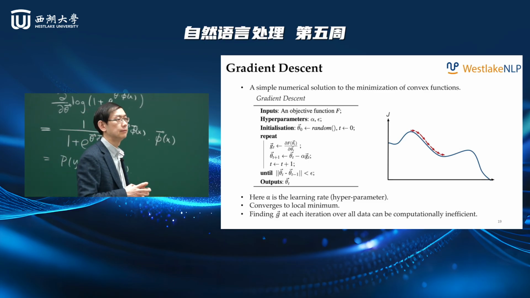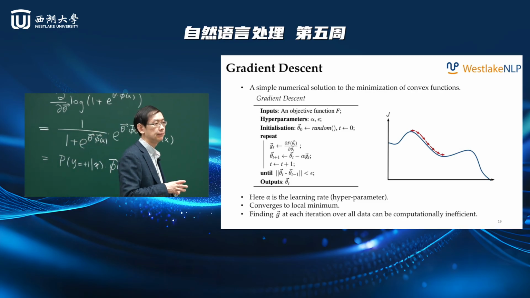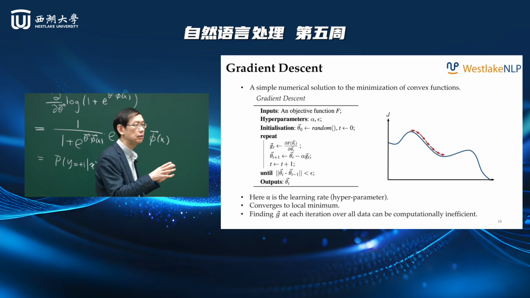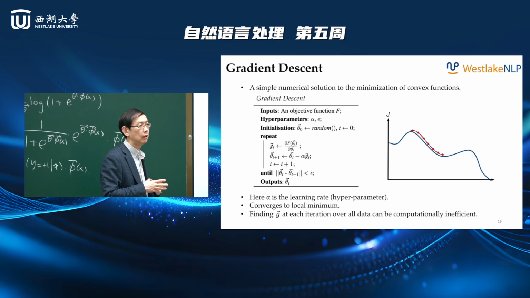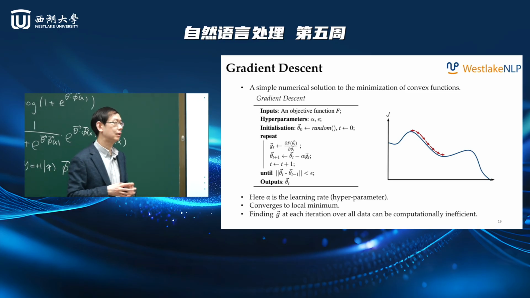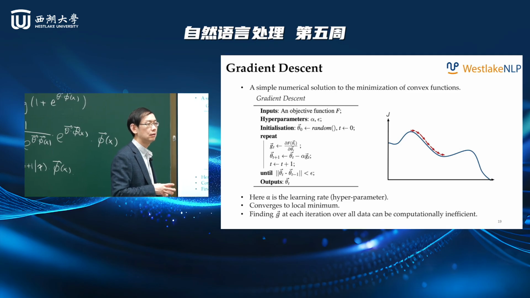But there's a problem. If our data set is large, then calculating the gradient over the data is computationally inefficient, right? Suppose we're training large language models. We'll discuss this later. And we have 200 billion words.